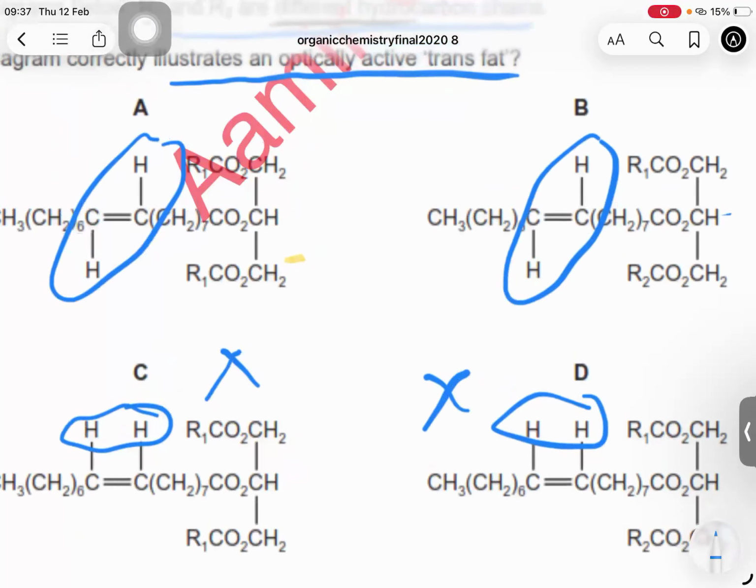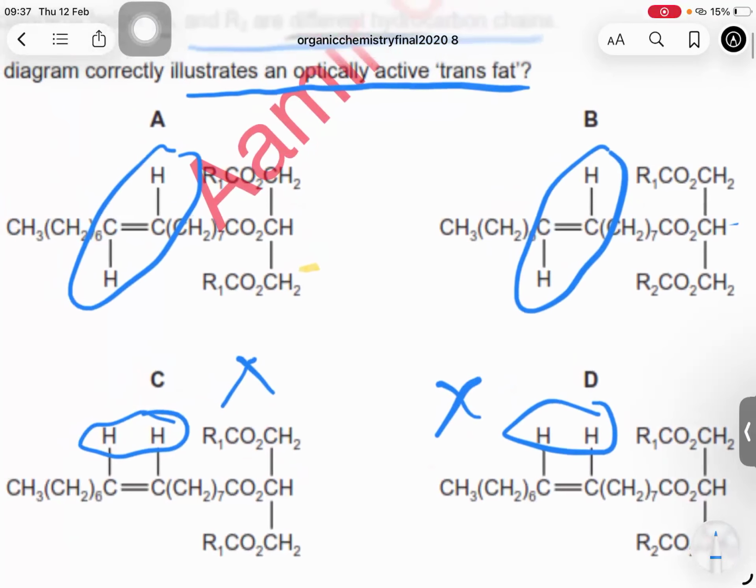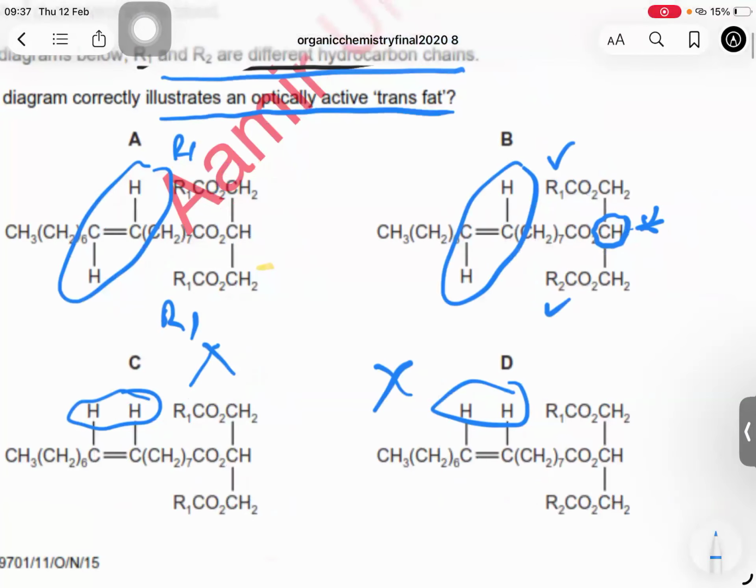Between A and B. In A, there is an R1 chain on top and an R1 chain at the bottom. But in B, what about this? R1 and R2. So it says, okay, this is a chiral carbon. So it is an optically active trans fat, right? We'll continue this. Thank you.